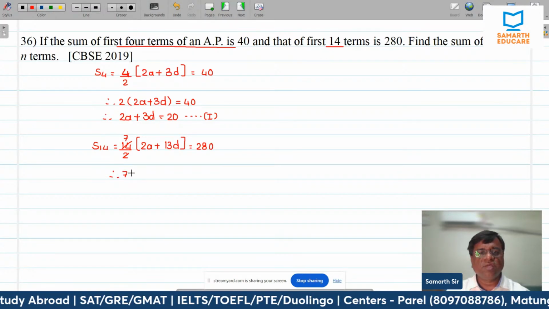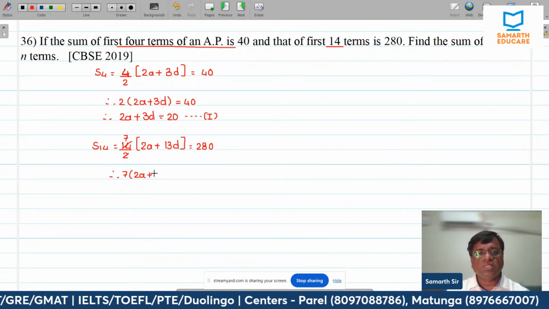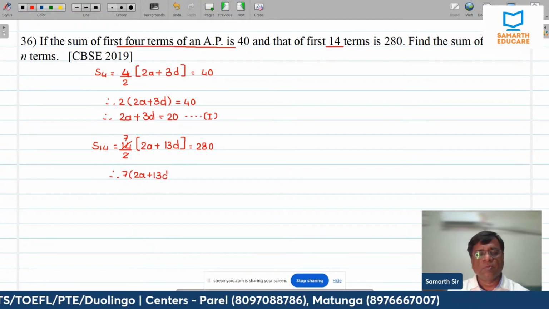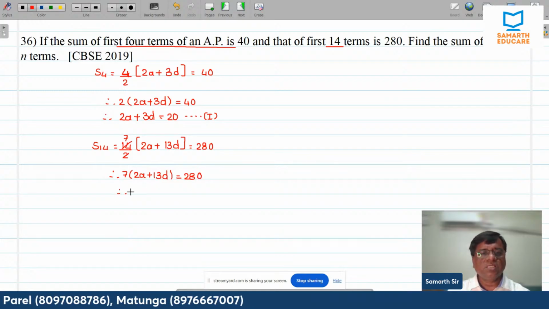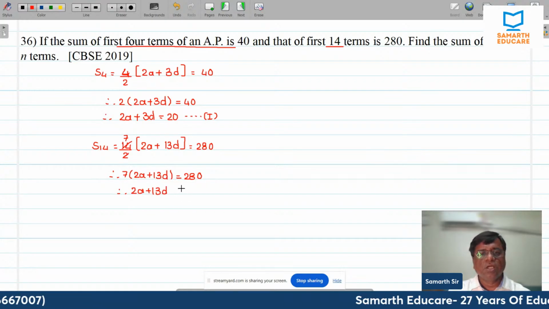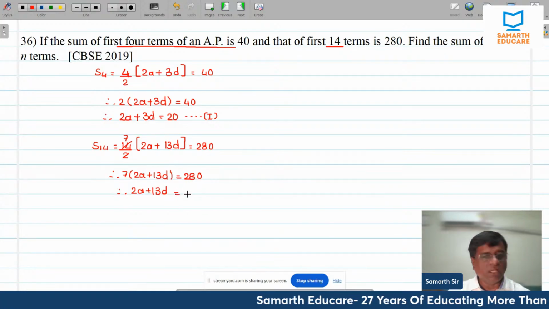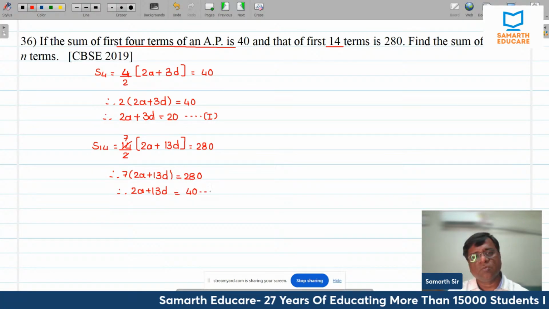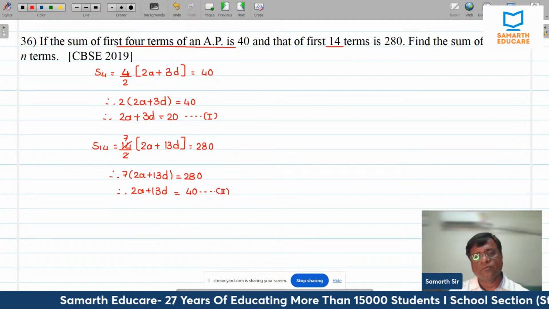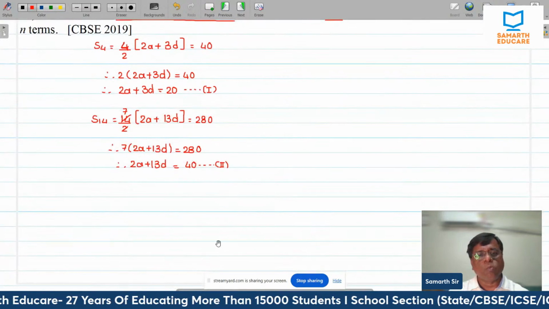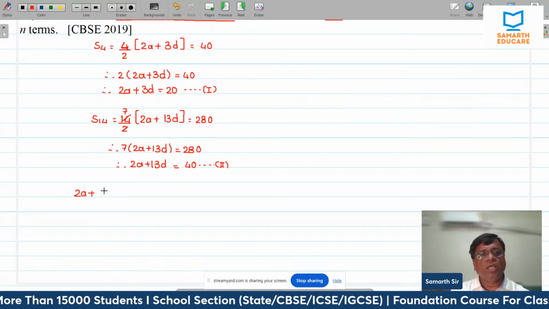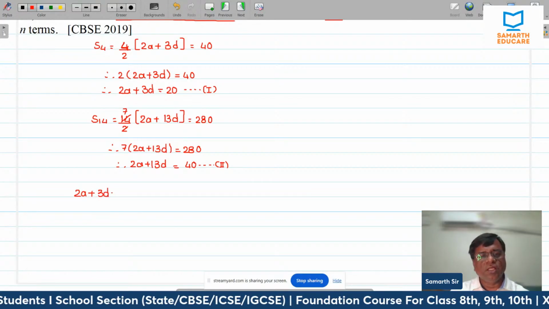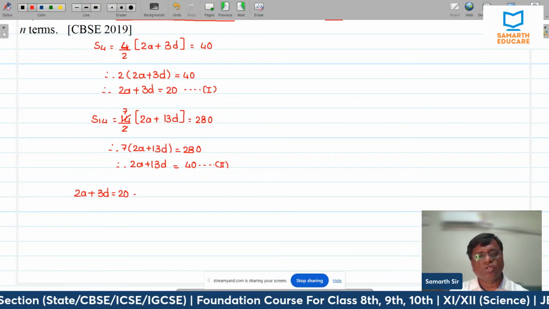So I have 7 into 2a plus 13d is 280. If I divide by 7, this is 2a plus 13d is 280 divided by 7, that is 40. Equation number 2. All right. Now, 2a plus 3d is equal to 20. Equation 1.